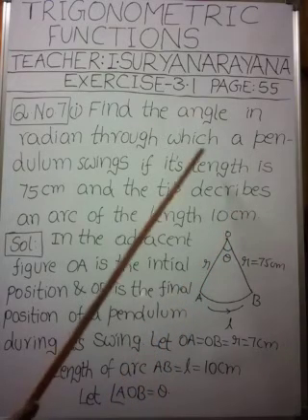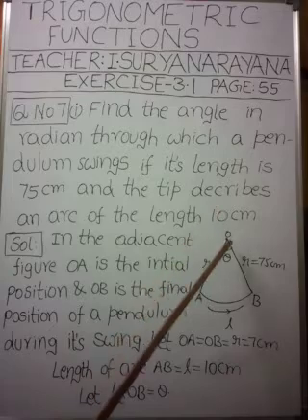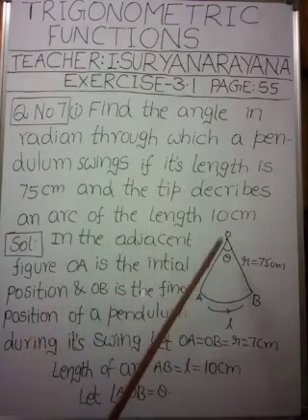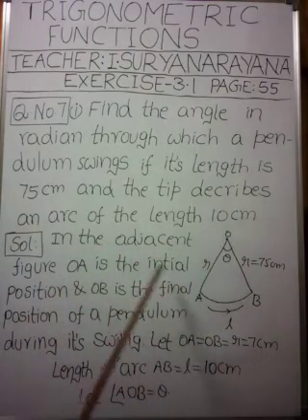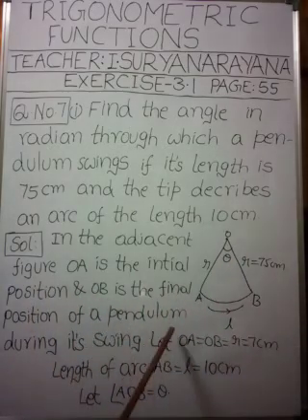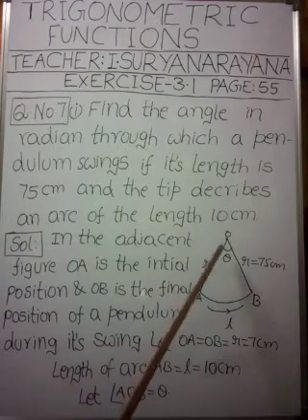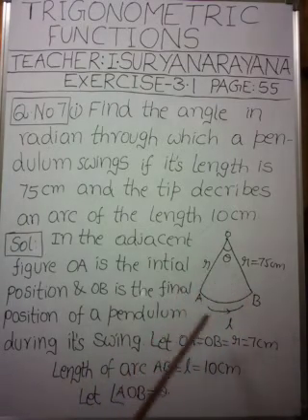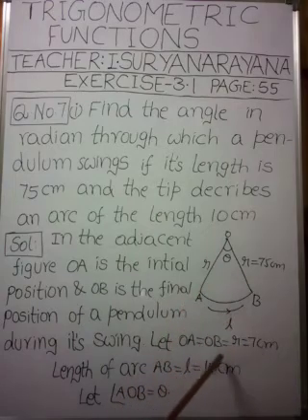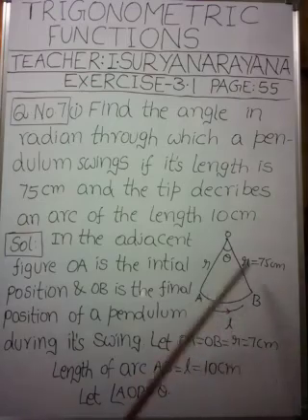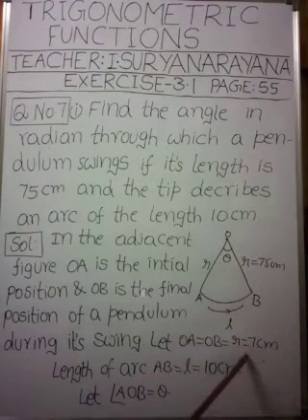Here I am representing this question diagrammatically like this. Let OA and OB in the adjacent figure, OA is the initial position and OB is the final position of a pendulum during its swing. Okay, my children? Understood? Right. OA is equal to OB is equal to the length of the pendulum, that is radius 75 centimeters.